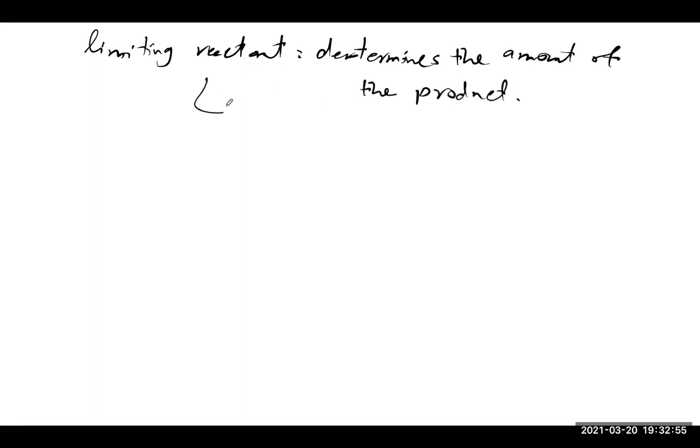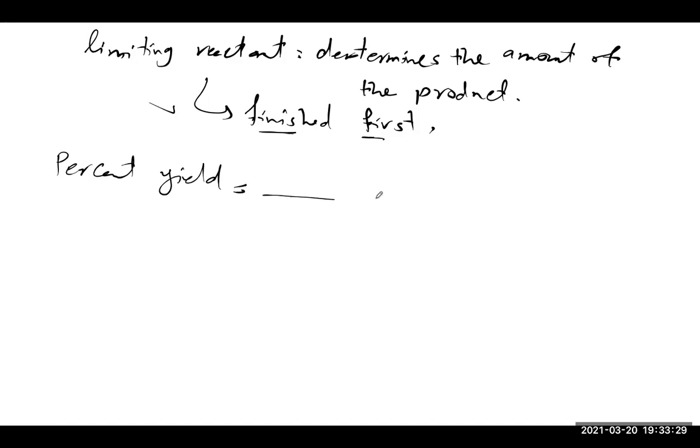It means this one will finish first or be consumed first. The reactant that is finished first will make the reaction stop, and that's why it determines the amount of the product. That's why it limits the reaction, and that's why it is called the limiting reactant. So you need to know the definition, and you need to know that this one will be consumed first or finished first. We need to know how to calculate the percent yield.